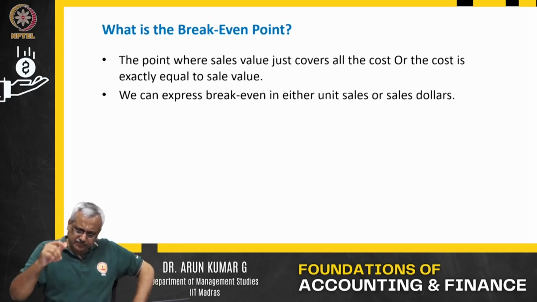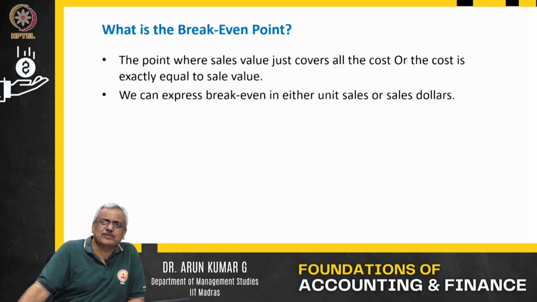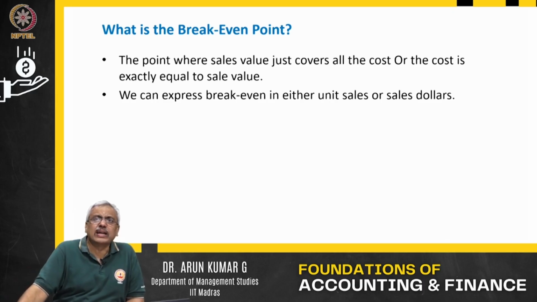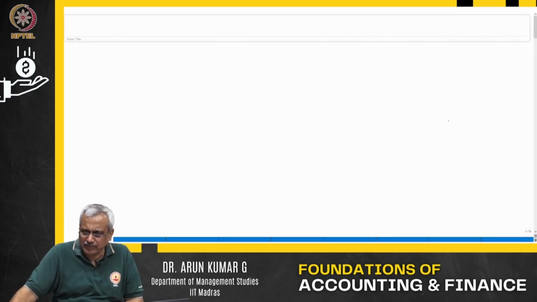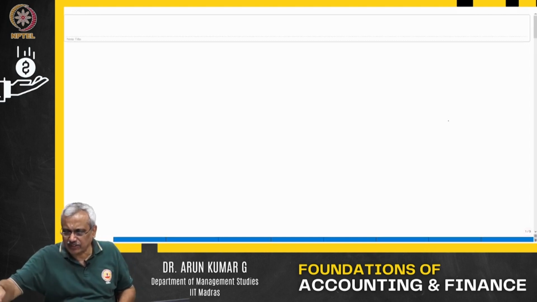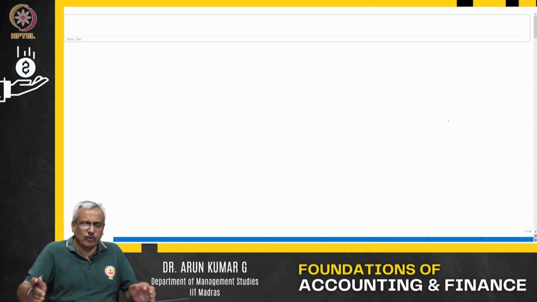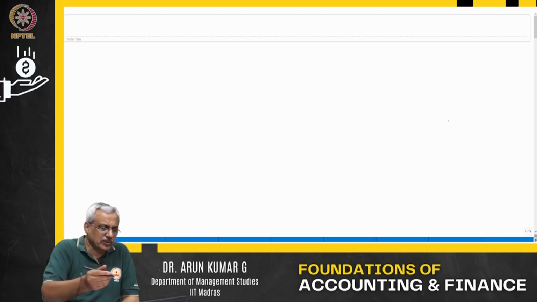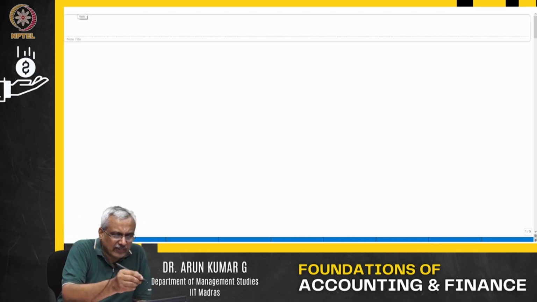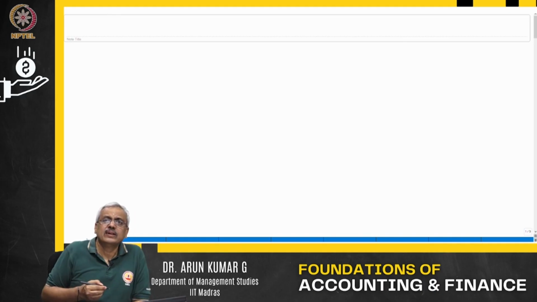So, one important aspect when we talk about break-even point is contribution analysis. Now, what is that contribution? Let us spend some time trying to understand what is that contribution. I am just going to use my whiteboard to talk about what we mean by contribution.